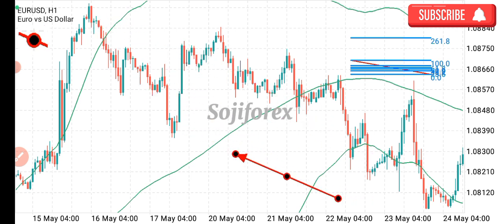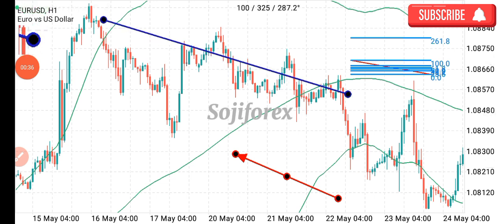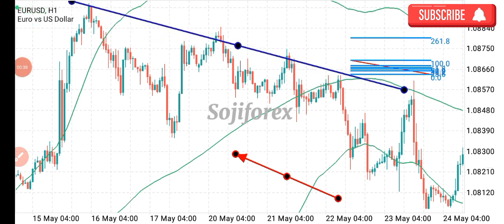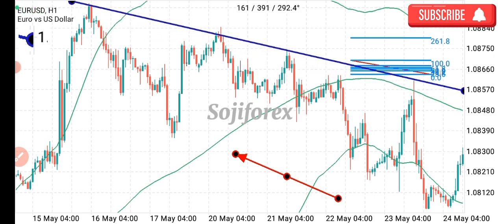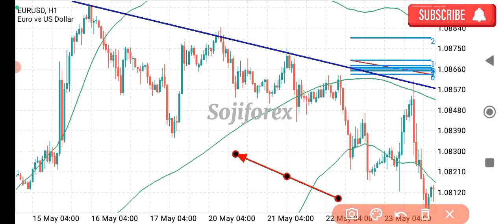Looking at this market situation, you agree with me that this is a downtrend. If we connect our trend line to this point, we are in a typical downtrend, with our structural points being a high and a low.